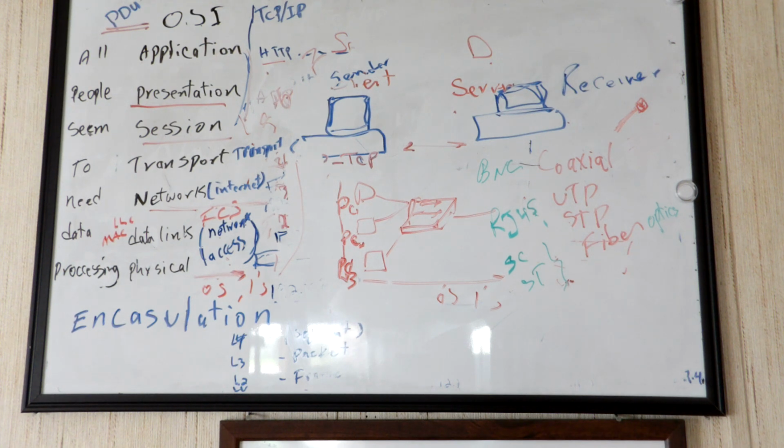But for small business, you use coaxial, UTP, STP, and for twisted pair, the limitation is just 100 meters. You can't go more than 100 meters for twisted pair.